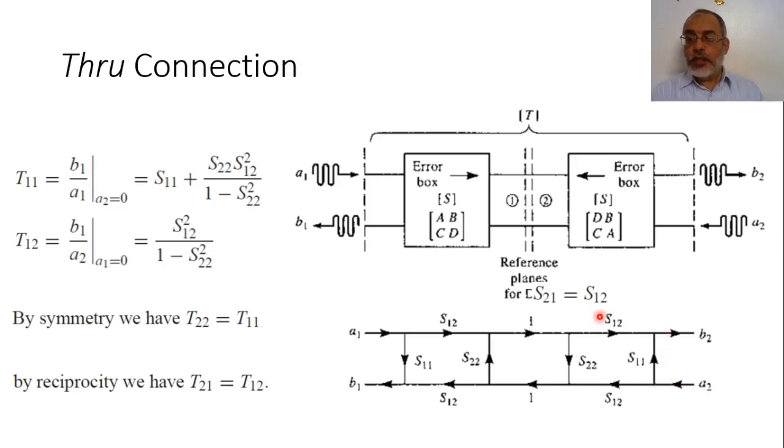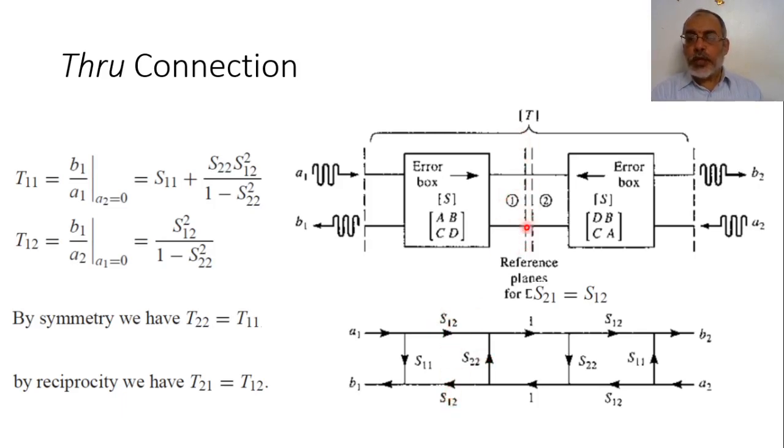Okay, this is the signal flow graph of the error box 2, and this is the signal flow graph of the error box 1, and it should be noted here that this is the reverse for this. We end here with S2 here, and S21 is called S12.